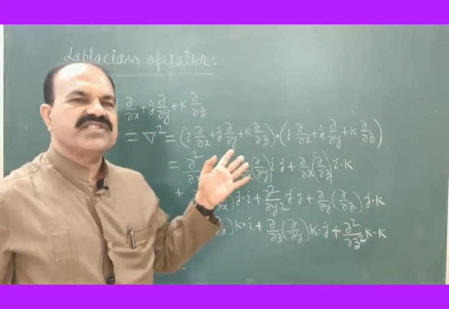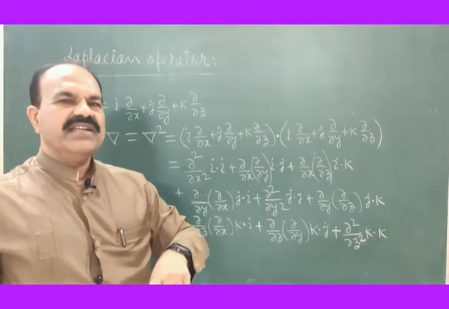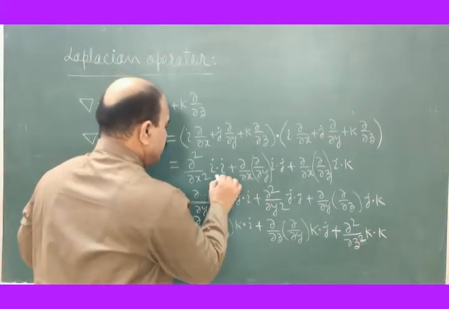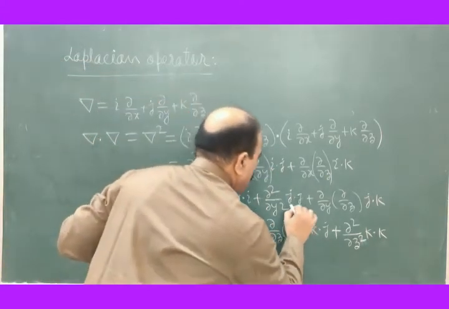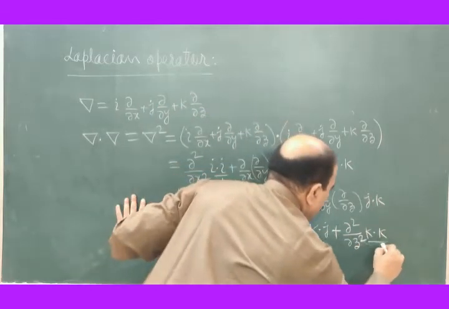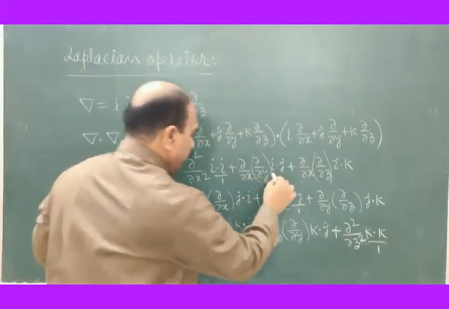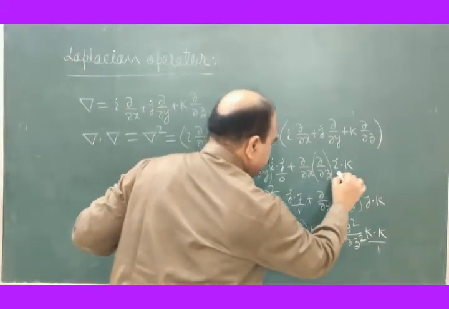And you know the rules of dot product of rectangular unit vectors: i dot i is 1, j dot j is 1, k dot k is 1. So value of this is 1, value of this is 1, value of this is 1, value of these others is 0.